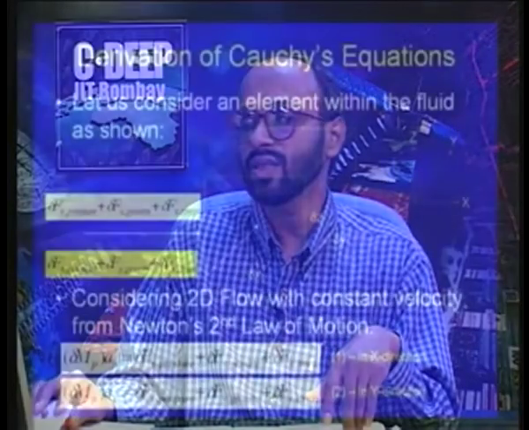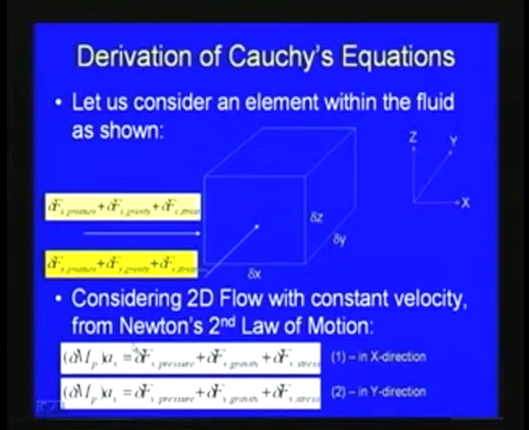This is equation number 1. Similarly, in y direction we can write delta mb into ay, the acceleration in y direction, is equal to delta Fy pressure plus delta Fy gravity plus delta Fy stress.